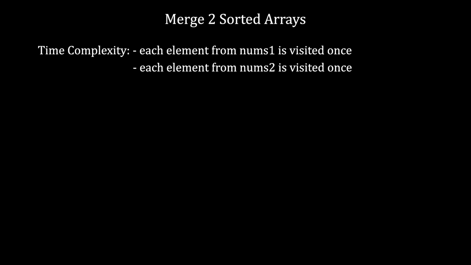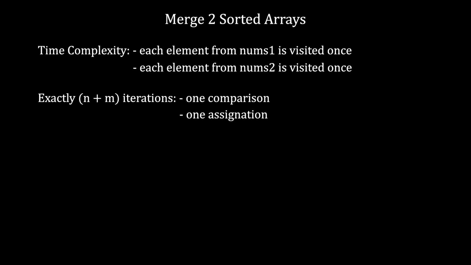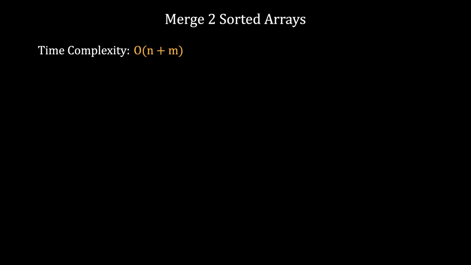This means that our algorithm performs exactly n plus m iterations, and on each iteration we perform one comparison to see which candidate is smaller and one assignment to put the element in its place and increment the pointer. Both of these are performed in constant time, so the final time complexity of the algorithm is big O of n plus m. And because we are using an extra array of length n plus m to store the output, the memory complexity of the algorithm is also big O of n plus m.